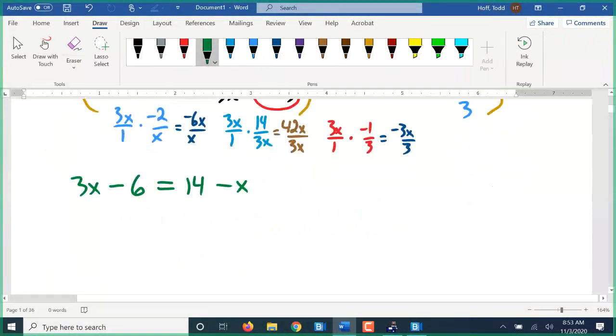And now I can solve this equation. First of all, there's nothing more to combine on either side. But the variable is on both sides, so I have to get rid of one. Well, the negative x is the smaller one, so I'm going to get rid of that. It's negative, so to get rid of it, I'm going to add 1x.